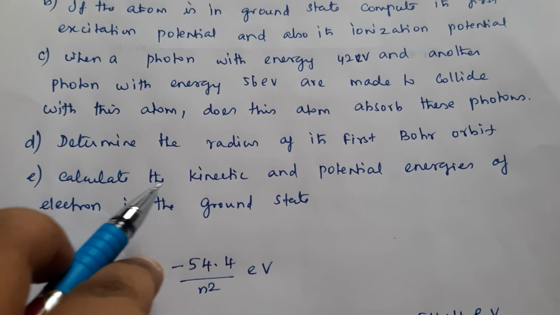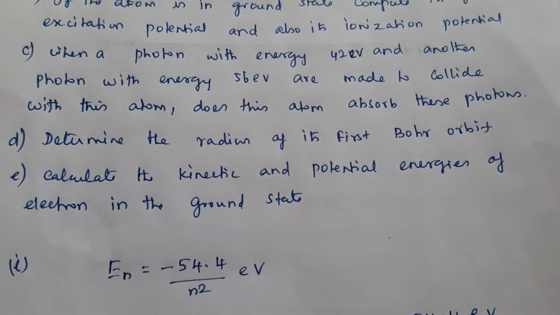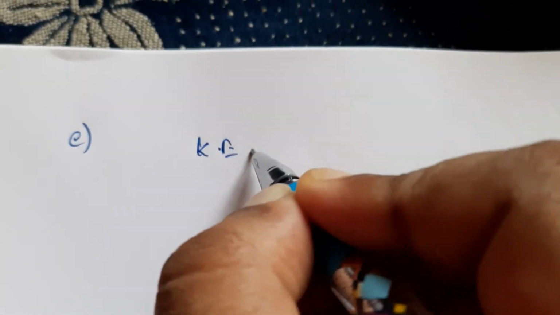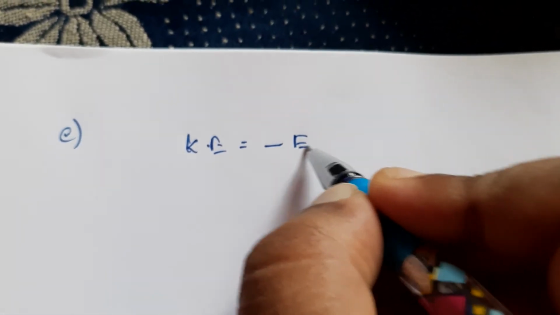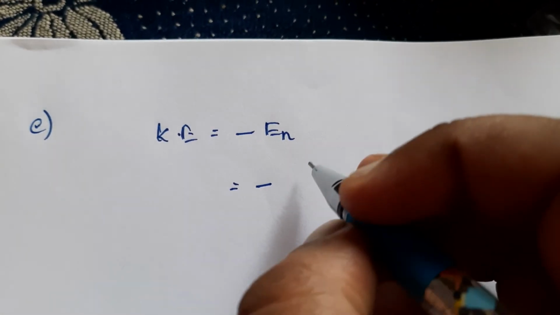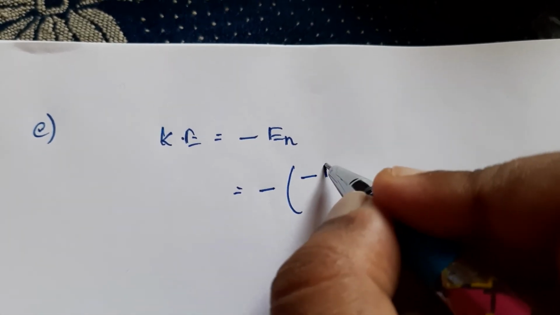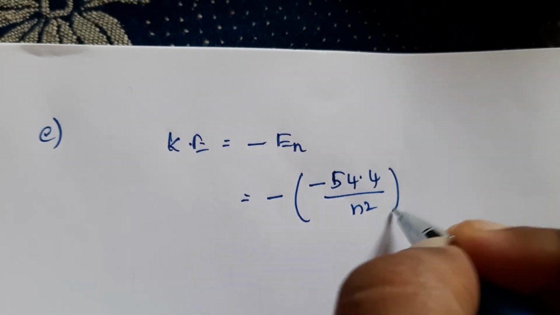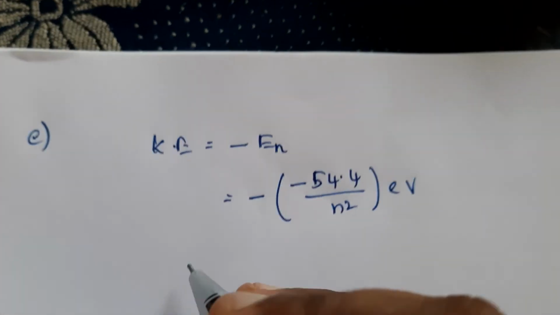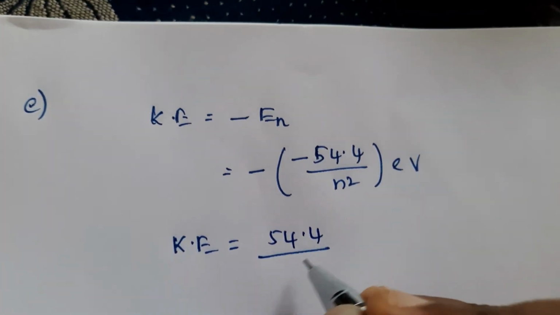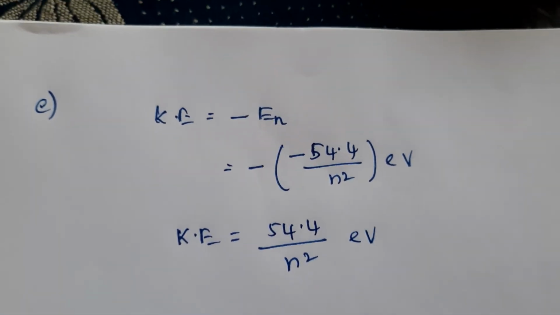Now the last part of the question: calculate the kinetic and the potential energies of the electron in the ground state. How to find the kinetic energy? Kinetic energy is the negative of the total energy. So Kn is equal to minus En. We know the En value from the formula itself, that is minus 54.4 by n square electron volt. So your kinetic energy is plus 54.4 by n square electron volt.